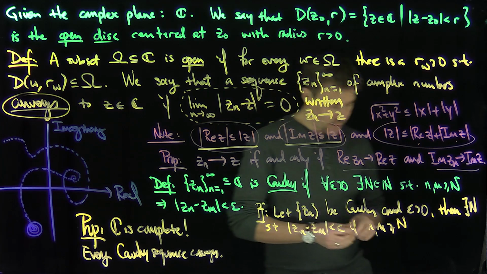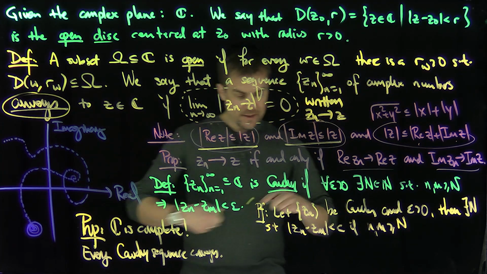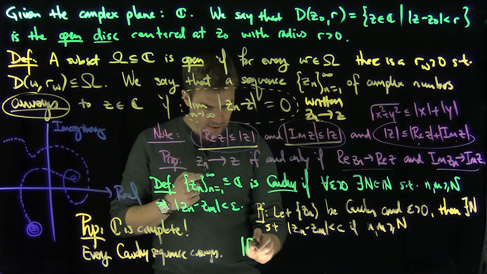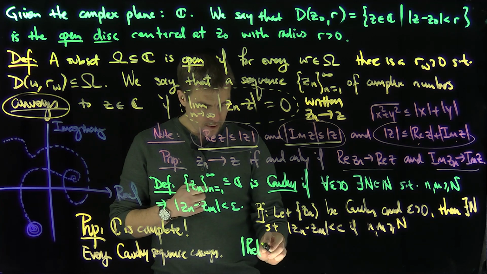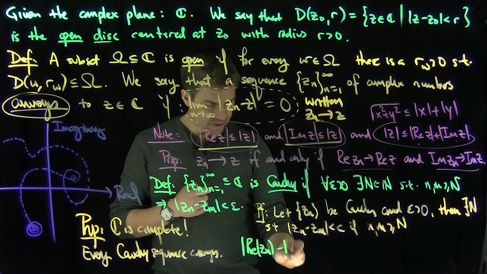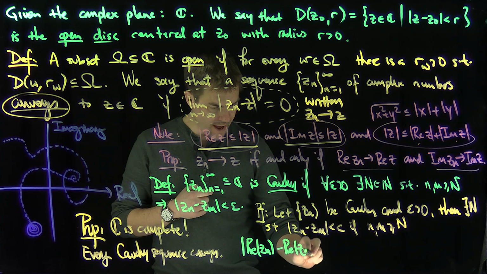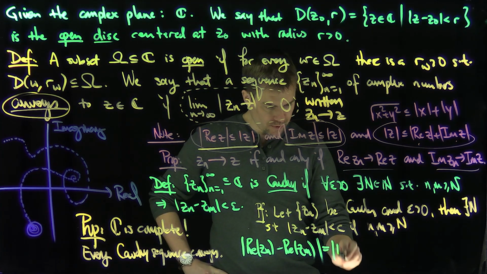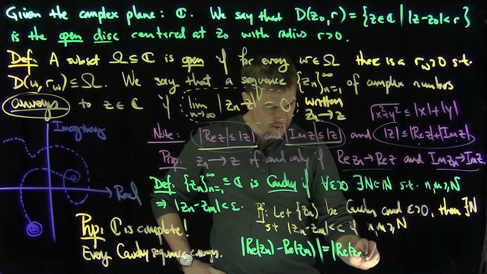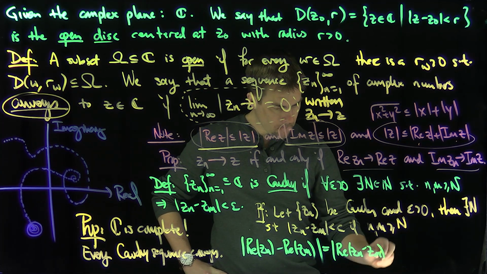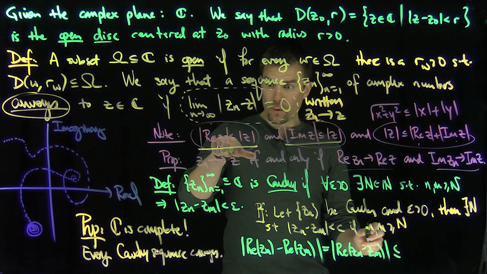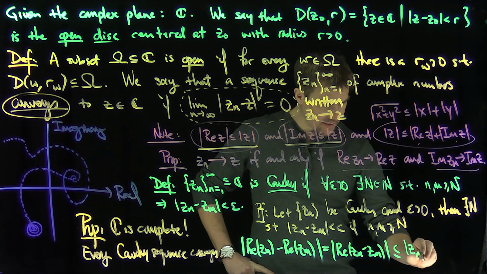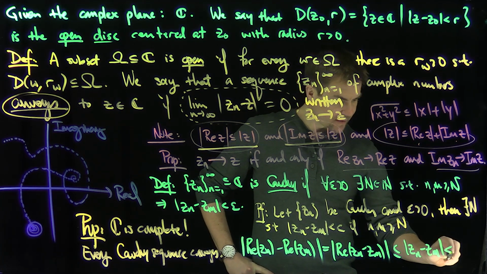All right, well, that's great news, because what does this tell me? This tells me, therefore, that the modulus of the real part of Zn minus the real part of Zm, which is the modulus of the real part of Zn minus Zm, which is less than or equal to the modulus of Zn minus Zm, is less than epsilon.